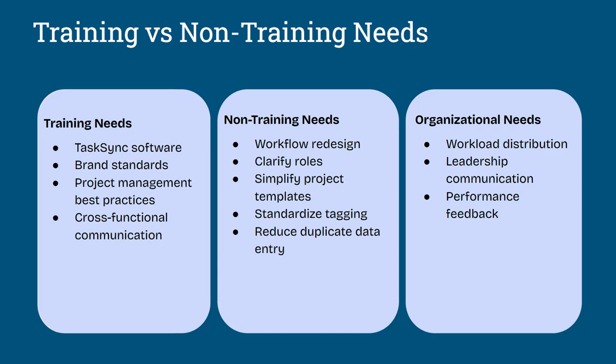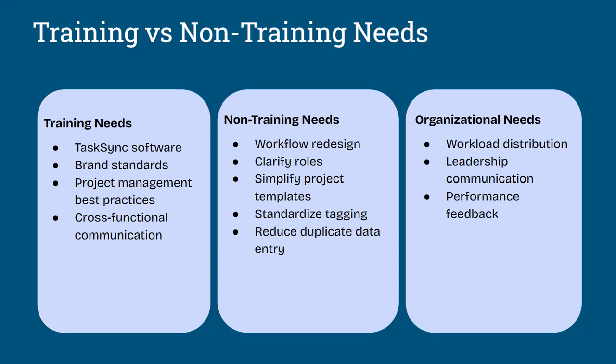However, the analysis also identified several non-training needs. Employees are working within inefficient systems that include unclear roles, inconsistent workflows, overly complex project templates, non-standardized tagging practices, and duplicate data. Finally, there are the broader organizational needs that leadership must address.